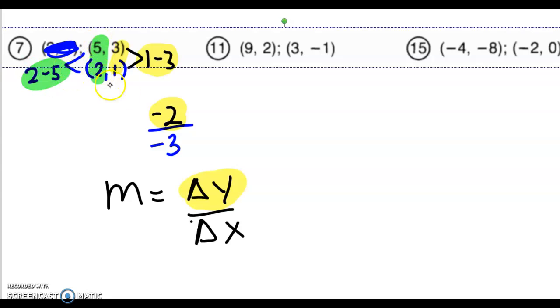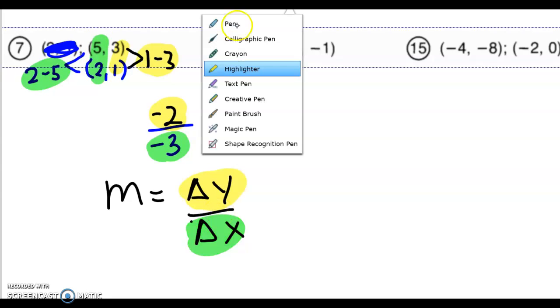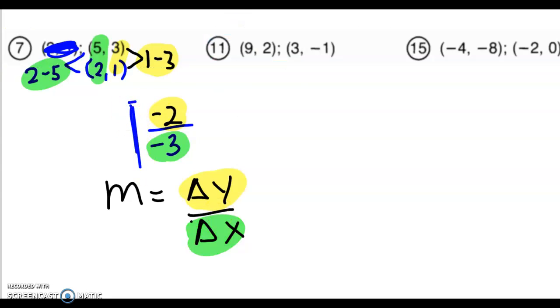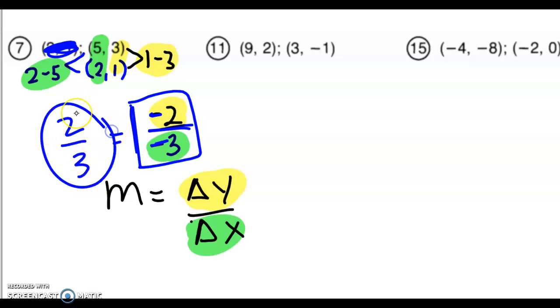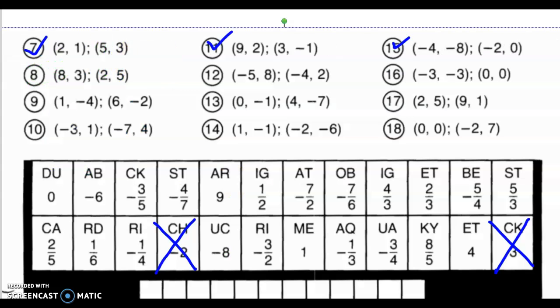So 2 minus 5. Okay? Now when you go to find this answer, you're not going to see it because a negative divided by a negative is a positive. Okay? All right, let's go find our answer. 2/3, cross it off right here.